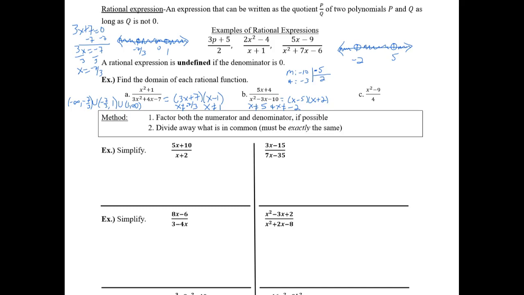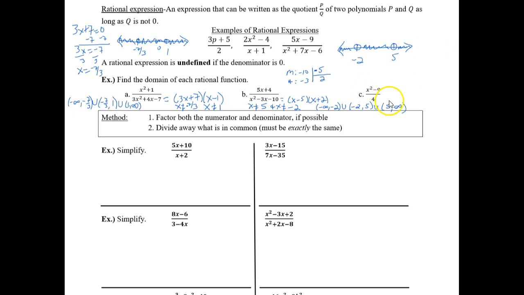So in interval notation, this would start at negative infinity, go up to negative 2, not including negative 2. Union, we want the space in the middle, so from negative 2 up to positive 5, not including either one of those endpoints. Union from 5 to infinity. And then that would be the domain in interval notation.